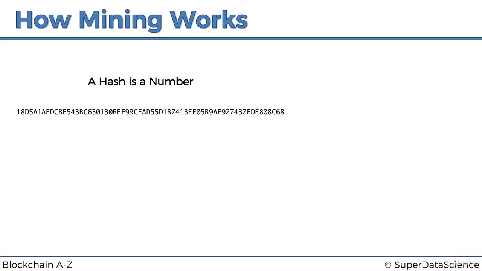And we can actually convert this hexadecimal number into a normal decimal number, and it'll look like this. So there's our decimal representation of our hexadecimal number. As you can see, the number is visually longer, and that's because in the decimal system we have 10 digits, whereas in the hexadecimal system we have 16 digits.